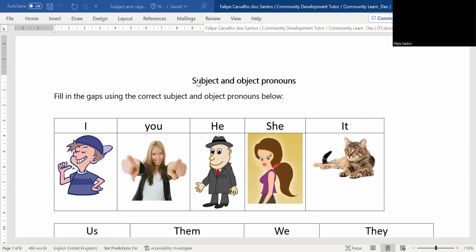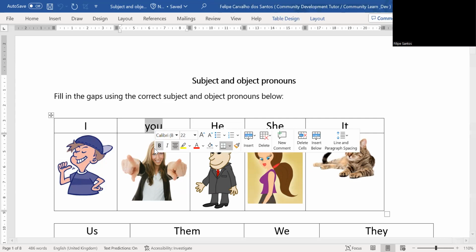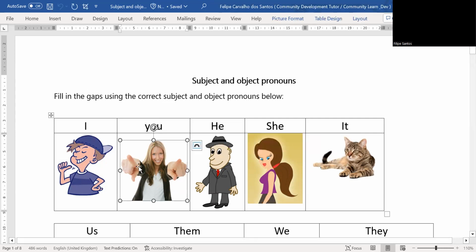Okay, so the first thing we're going to deal with in this video is subject and object pronouns. So let's look at some subjects. I, you, he, the man or the boy, she, the woman or the girl, the young girl.